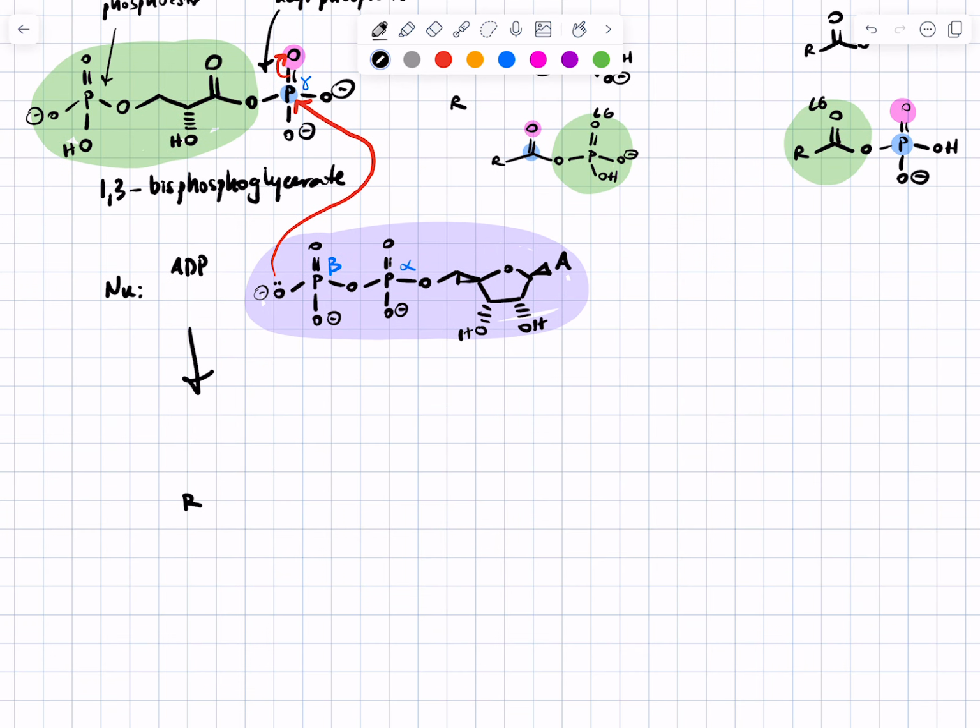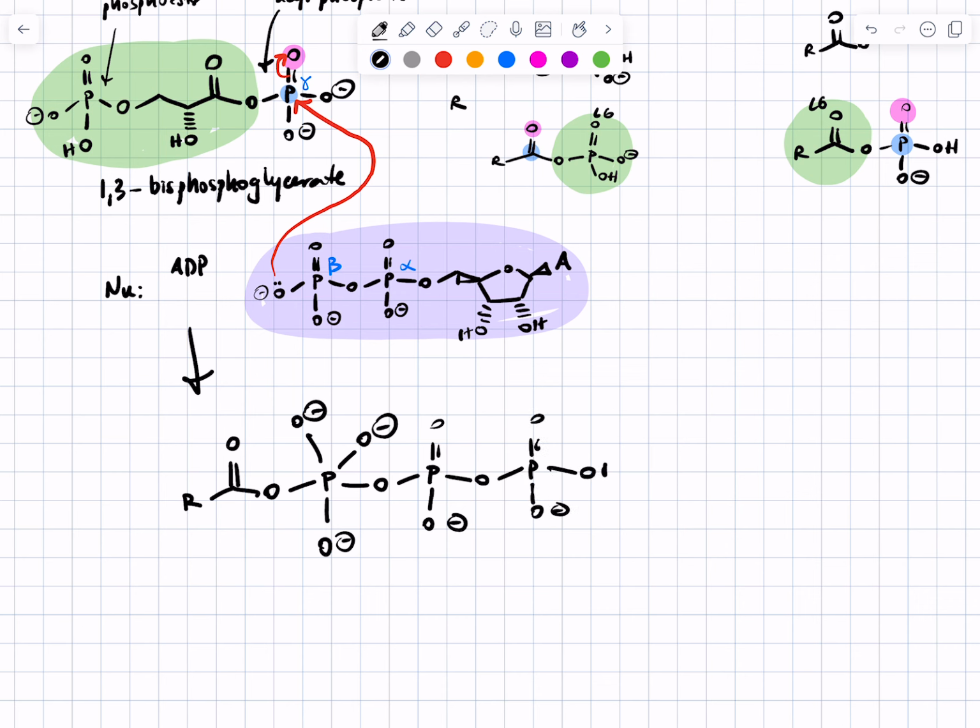I'm going to now use abbreviation freely so that we don't have to draw as much. Here is the oxygen from the beta phosphoryl group of ADP. And I'm just going to put an R over there on that side to make it a little bit easier. This is the carboxylate leaving group.